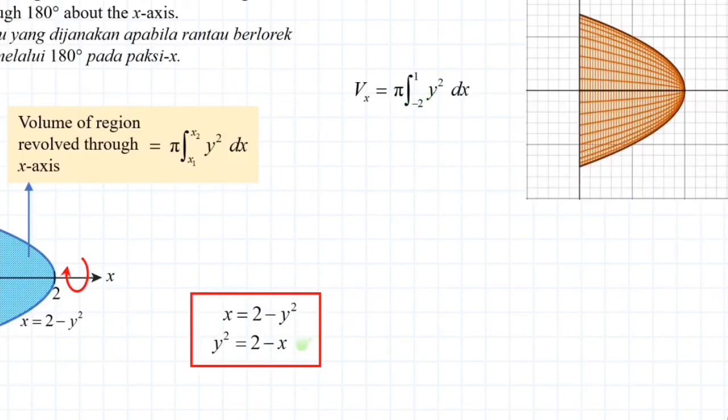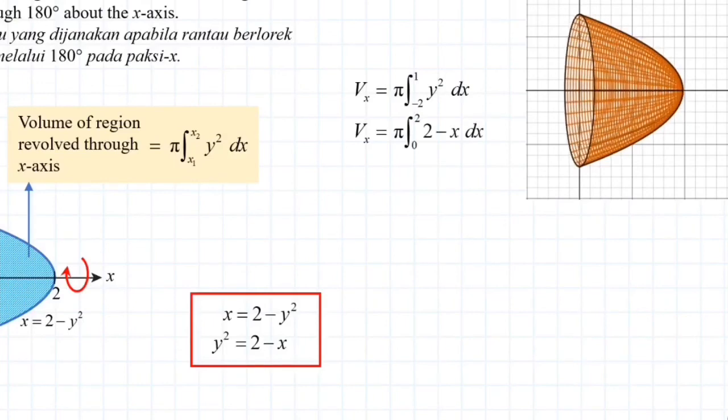So your V is pi integrate from 0 to 2 of 2 minus x dx. Integrate carefully.